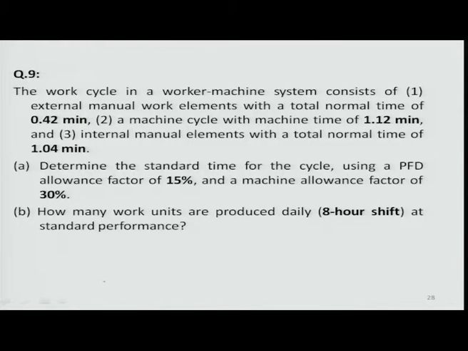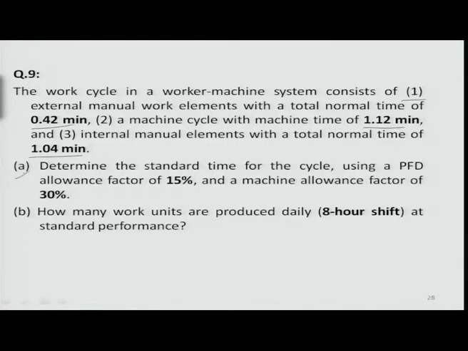Okay, this question is again based on the worker-machine system, and we will have to calculate cycle time, standard time, these kinds of things. So, what is the problem saying? The work cycle in a worker-machine system consists of an external manual work element with a total normal time of 0.42 minute, then a machine cycle time with machine time of 1.12 minutes, and an internal manual element with a total normal time of 1.04 minutes.